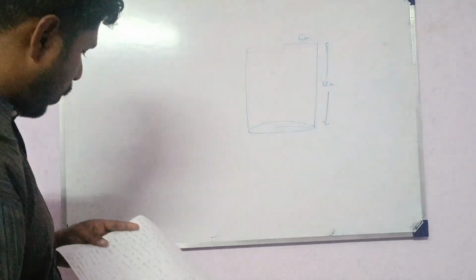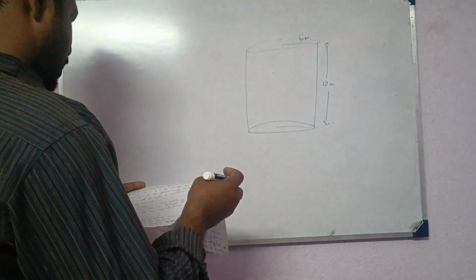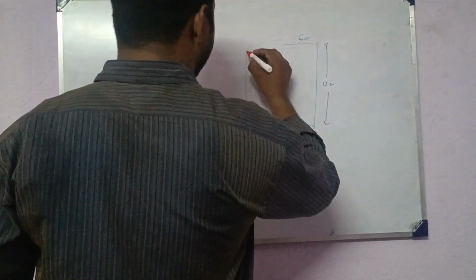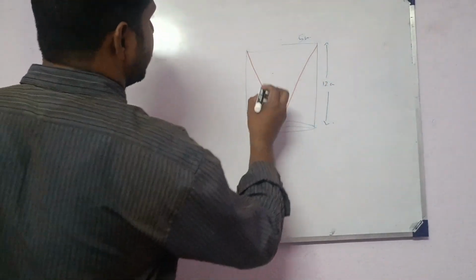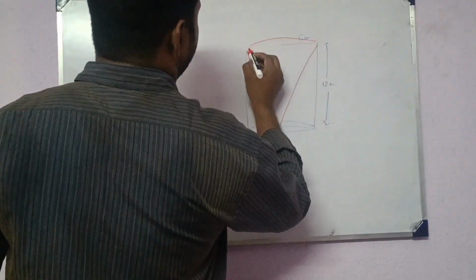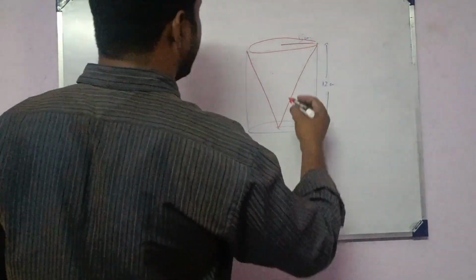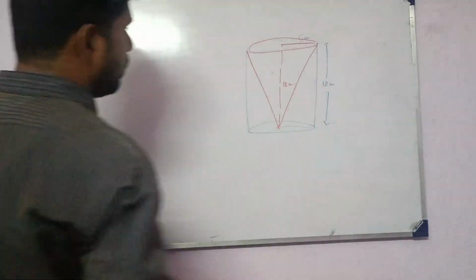Now a cone has been drilled, whose height and base radius are equal to the circular cylinder's, that means the cone that has been drilled is of this shape. The cone's radius and height are both equal to the cylinder's, so that is also 12 centimeter.